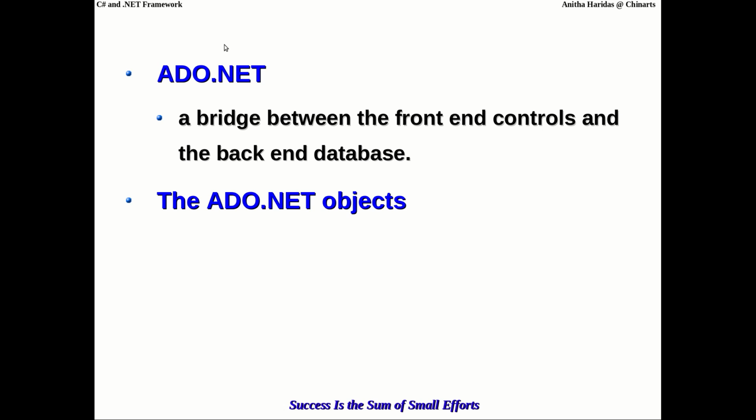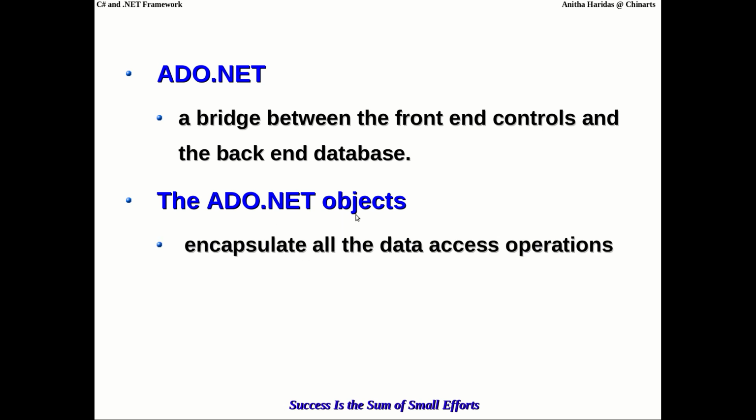So your ADO.NET is going to act as a bridge, because we have already seen in the diagram it is acting as an interface between the application and the database server. The application is what you call front-end controls, and the database server is what you call the back-end database.